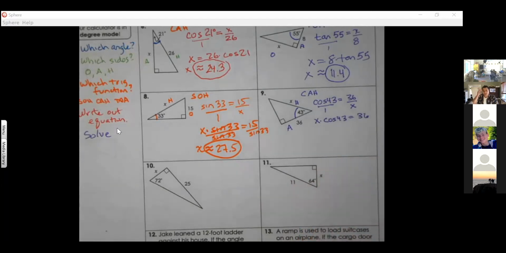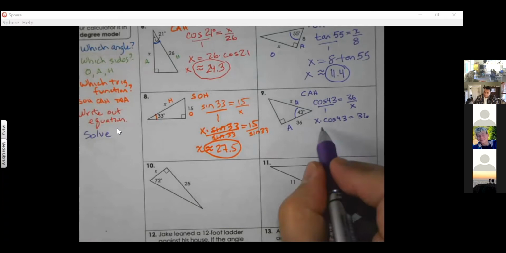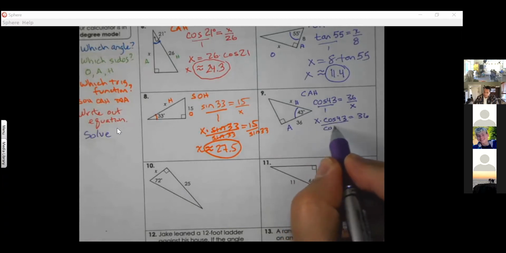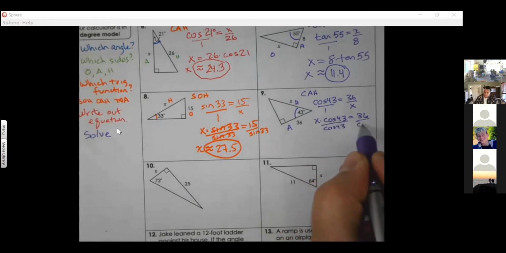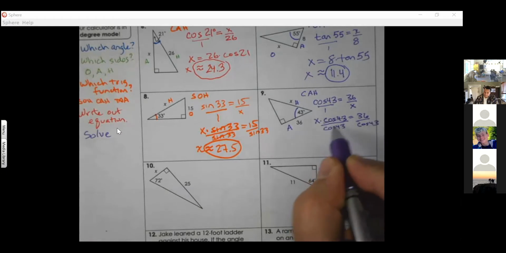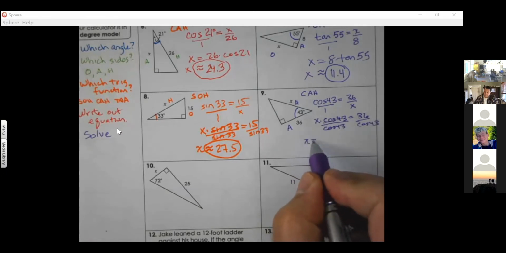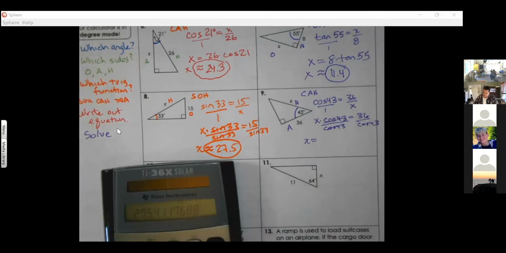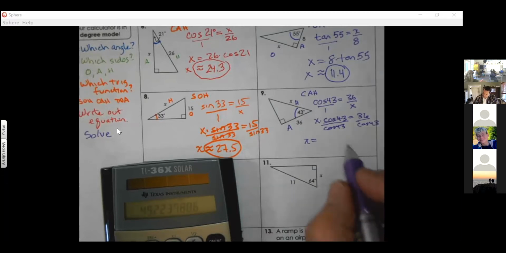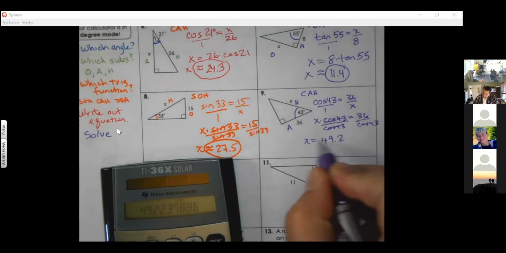Yeah, this one's level 2. It's a little bit harder. But I just have to divide by cosine 43. That leaves me with x equals whatever 36 divided by cosine 43 is. I get 49.2.